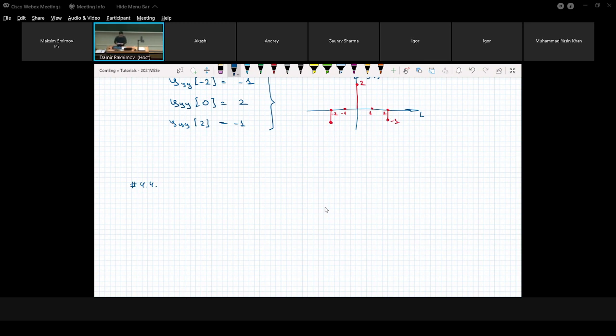So for task number 4.4, we consider pulse position coding, and we use it to ensure DC balance. We use the following lookup table for the coding process.